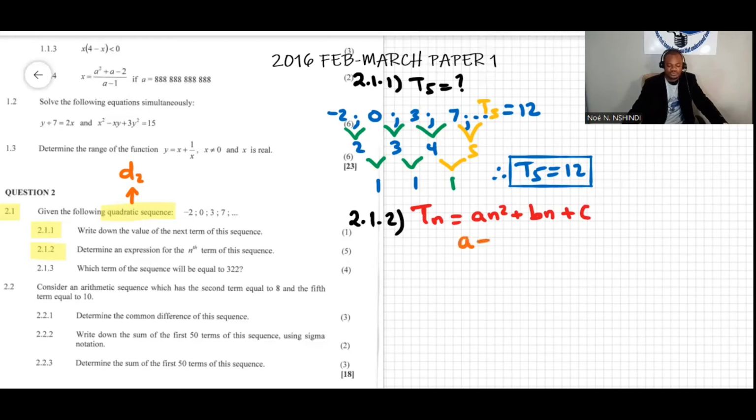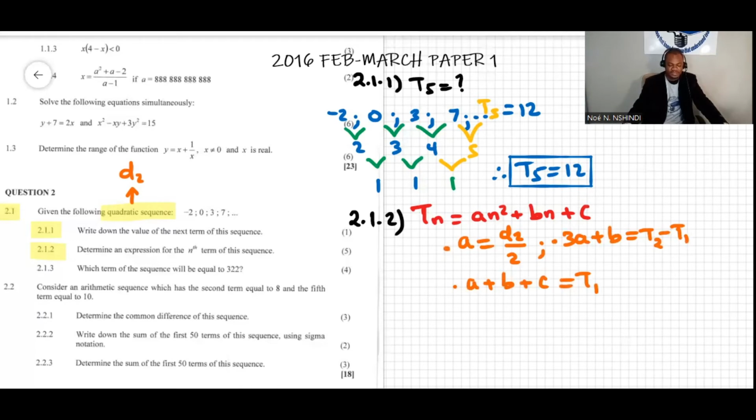We do know that a equals the second difference divided by 2, and we also know that 3a plus b must be equal to the first difference. If I say the first difference, it won't really make sense, so I will say T2 minus T1. Okay, that makes more sense. So now we can use this information to work out the values of a, b, c. Also I know that a plus b plus c is equal to T1. So we're going to use these formulas to find Tn.